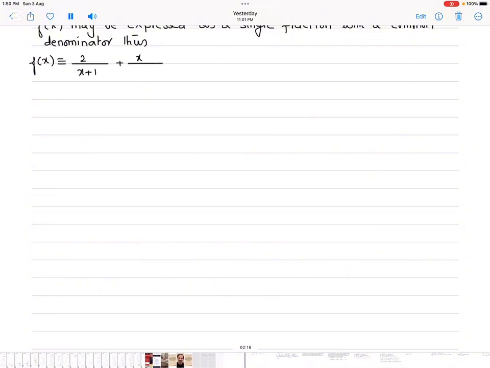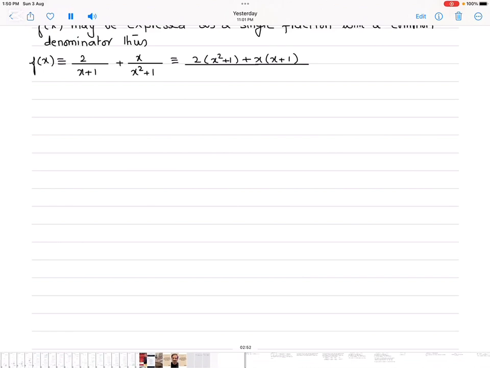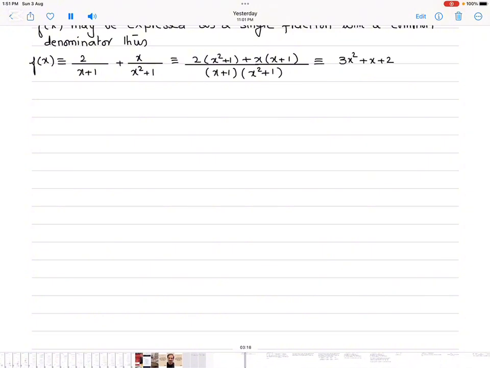Thus, f of x is identical to 2 over x plus 1 plus x over x squared plus 1, and this is identical to, take the LCM, so you have to multiply 2 by x squared plus 1 and plus x into x plus 1, whole over x plus 1 times x squared plus 1. So if we simplify this, we get 3x squared plus x plus 2 over x plus 1 times x squared plus 1.